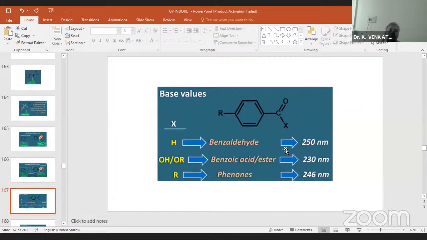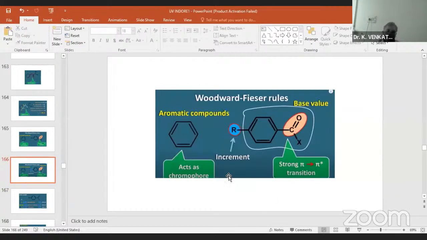So the ester, as it is present, is 230, and when an alkyl group is present, that is 246 nanometers. So this is the increment value for an alkyl group. Here a strong pi to pi star transition occurs because the benzene aromatic compound acts as a chromophore.